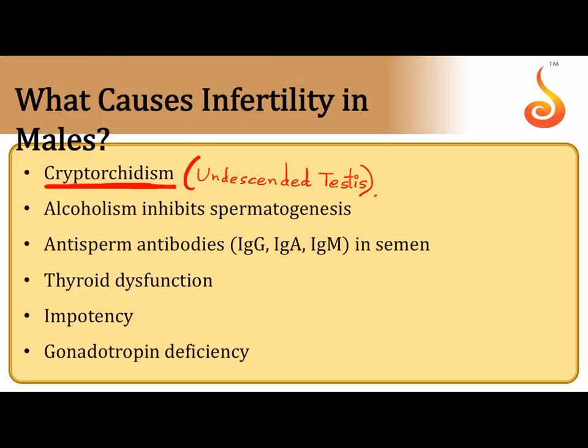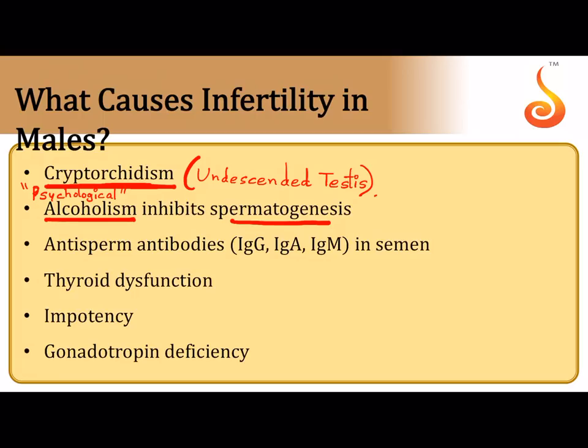Then, alcoholism inhibits spermatogenesis. You can consider alcoholism as a psychological factor, isn't it? There may be numerous psychological reasons as to why a person may become an addict towards alcoholism, and it has a direct link with the reduced sperm count, and that may make the male infertile.